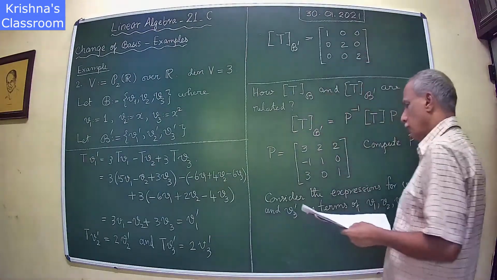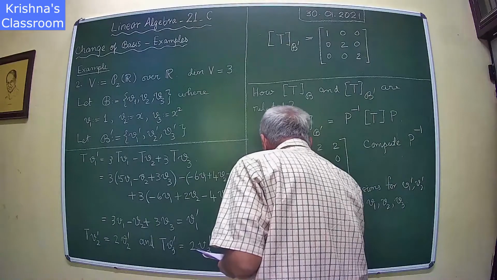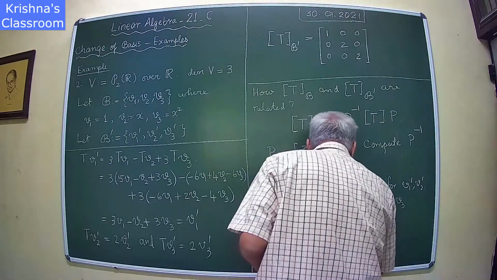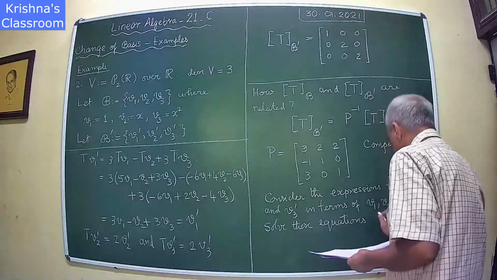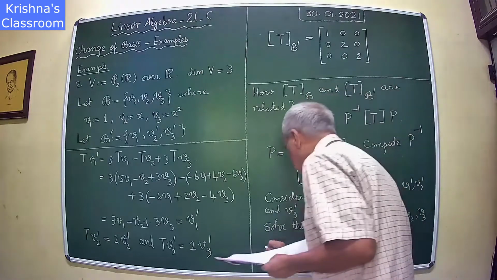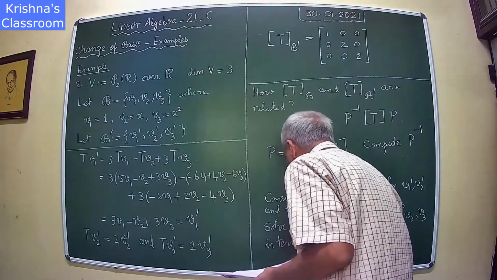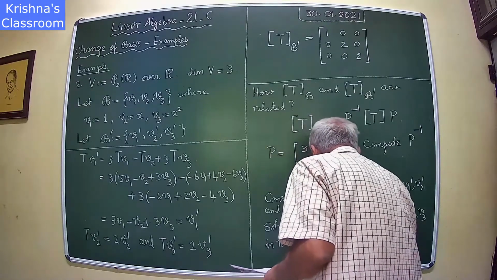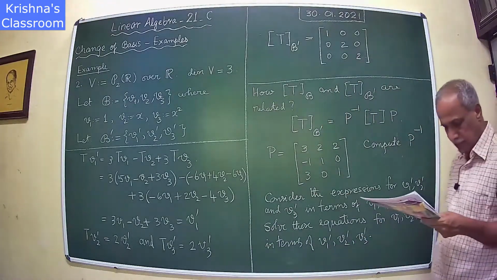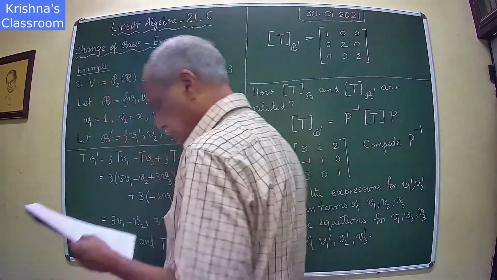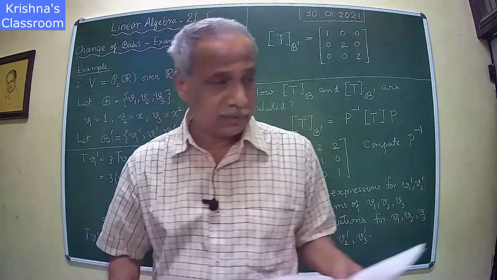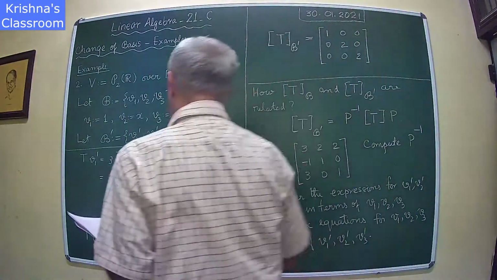Now solve for v1, v2, v3 in terms of v1 prime, v2 prime, v3 prime, and I think you should verify this. So let me just give the expressions.